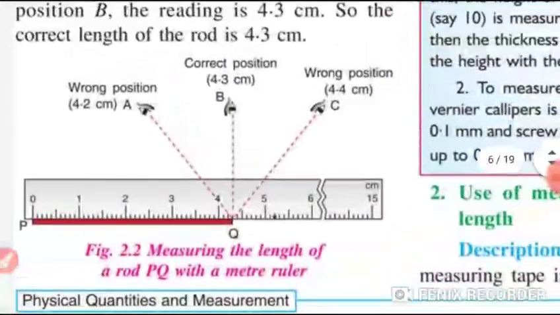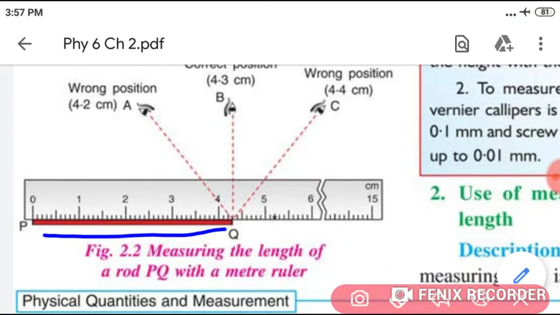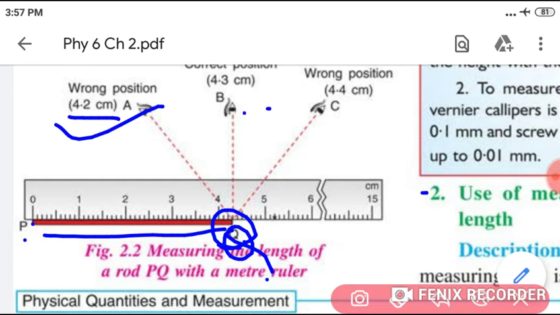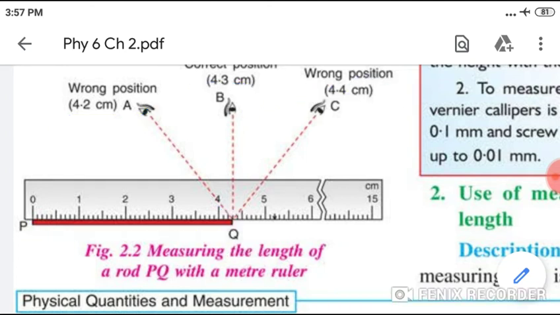If we keep our eye at position B, we will get the measurement 4.3, and when we keep our eye at position C, we will get the measurement 4.4 centimeters.